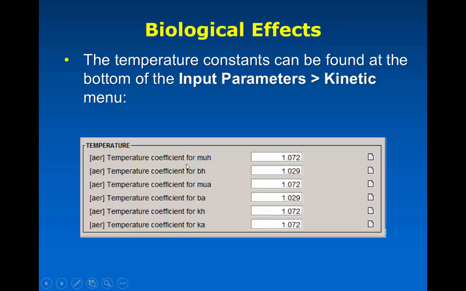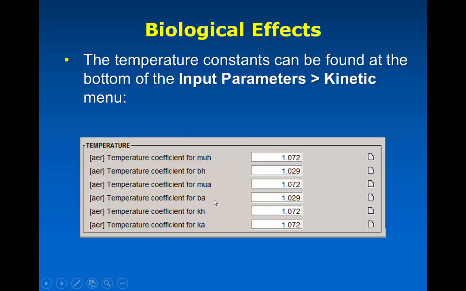And so this temperature kinetic coefficient here for MUH, the heterotrophic growth rate, is 1.072. It's usually a number that's slightly bigger than 1. So when you take a power of it a few times for a few degrees, we will see that exponential type of increase. So we can see here the MUH is for the heterotrophs and MUA is for the autotrophs.